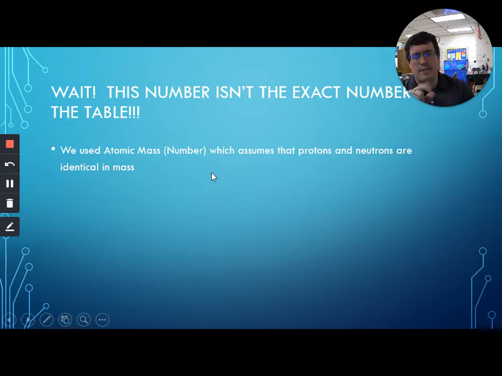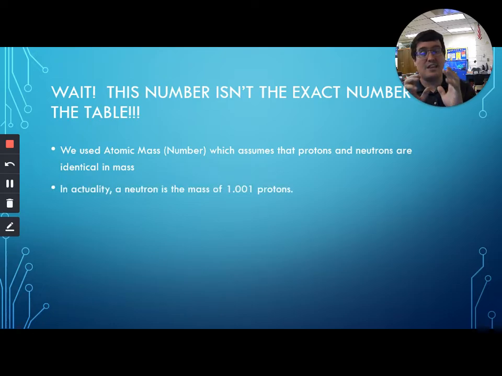One reason for that is when we did our calculation, we actually used the mass number, which is just counting protons and neutrons, and that assumes that they're both identical in mass. As it turns out, they're not. What we actually see is that the neutron has a mass that is 0.1% higher than that of a proton.